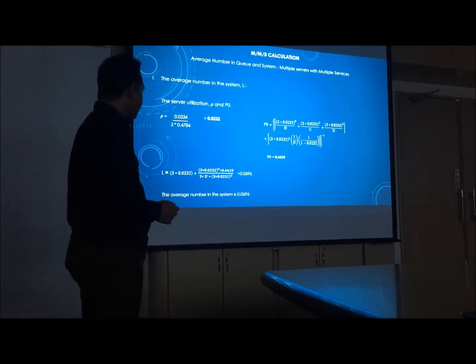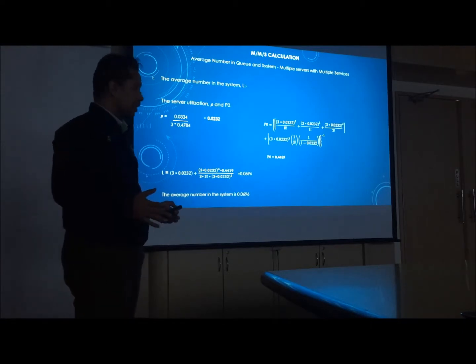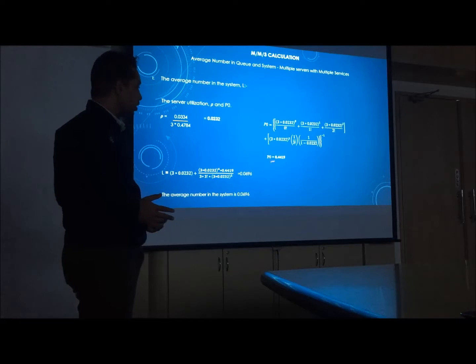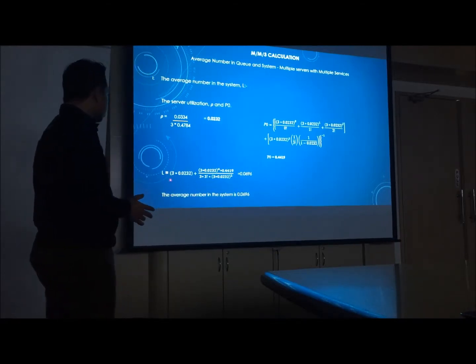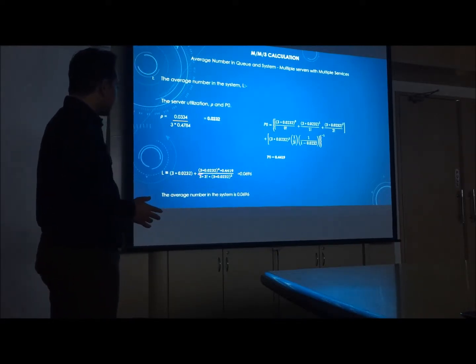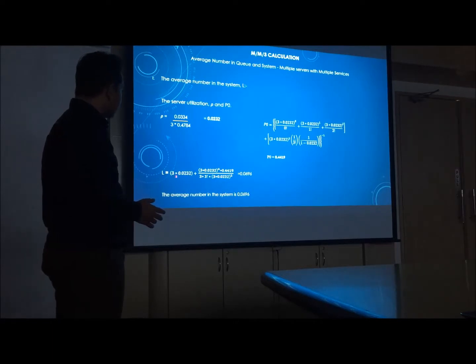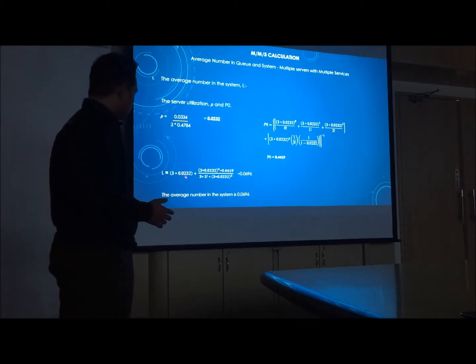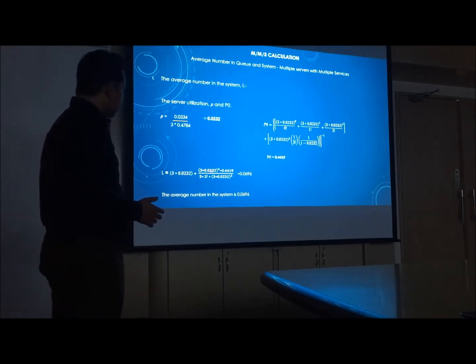Then we find the average number in the system. This is the calculation for the M/M/3. This number 3 represents the number of servers, multiplied by 0.0232, which is the formula calculation.